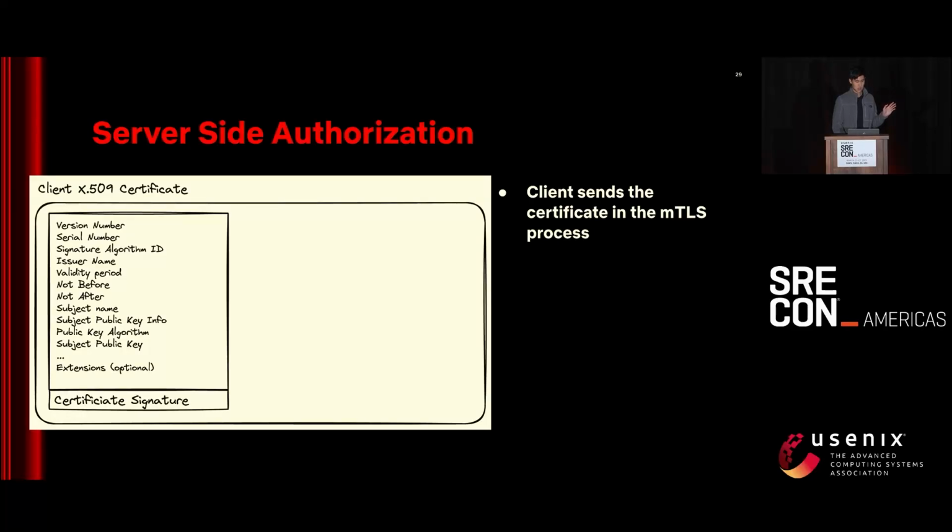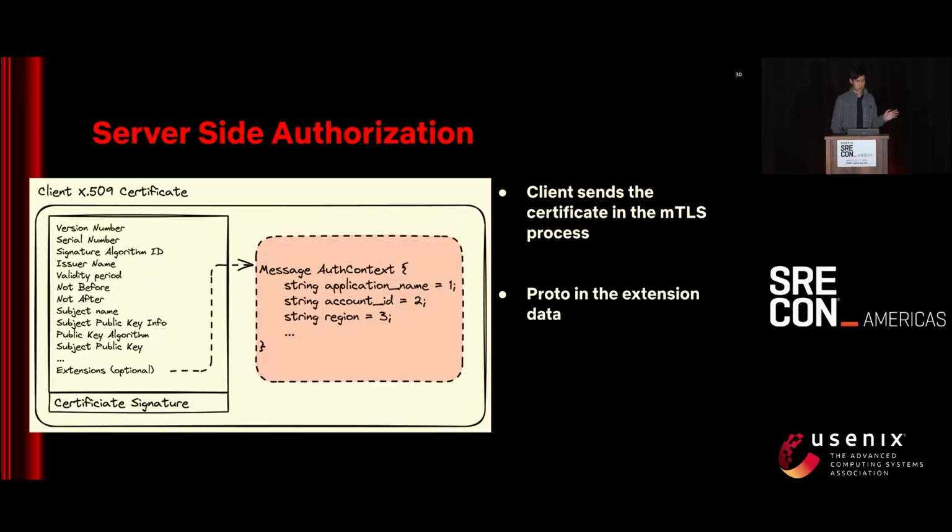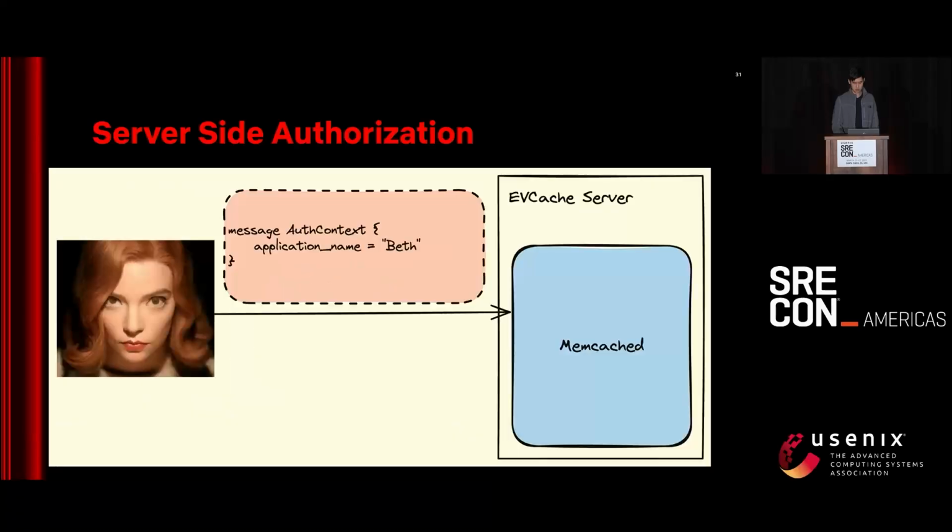Every time Netflix issues these certificates, it also includes a protobuf message with information about the client. In this message, we can see that the application name is included. So the server can read that client certificate and that application name, and that's how the server will know who this is.